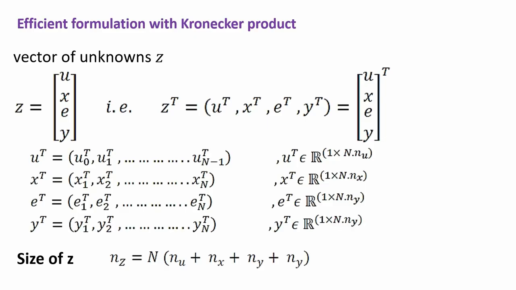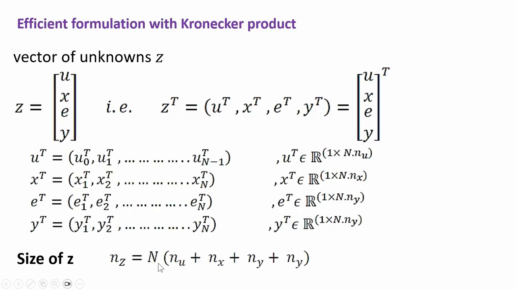And if we represent nx to be the number of states, ny to be the number of outputs, and nu to be the number of control inputs, then we can also find the size of z. But before we can find the size of z, we also need to understand that this LQ optimal control problem is defined for the whole prediction horizon. And N here means the prediction horizon, which means that the vector of unknowns, which is the z, contains the unknown values of u not only at the current time step, but throughout the horizon.